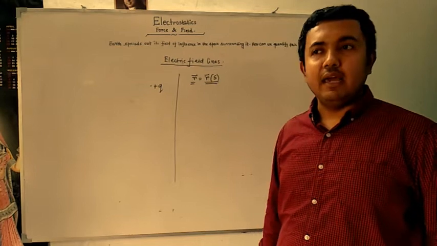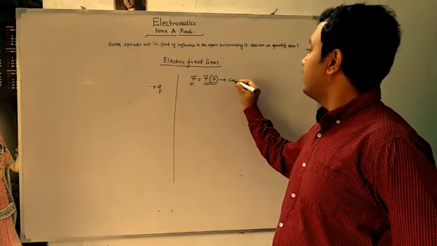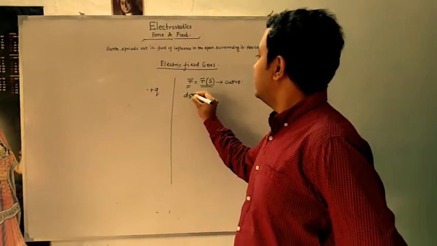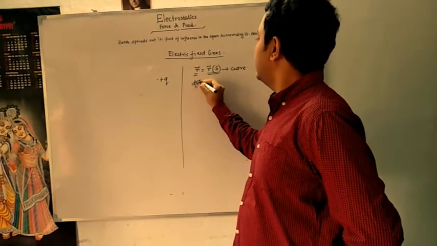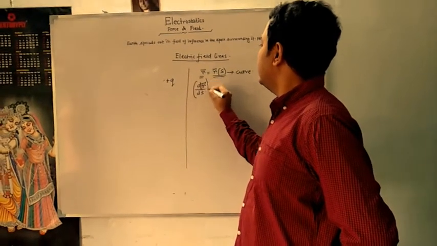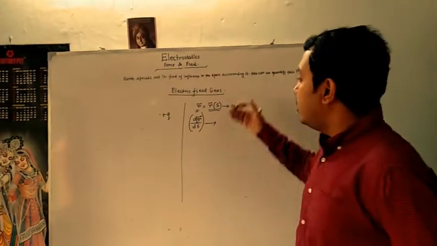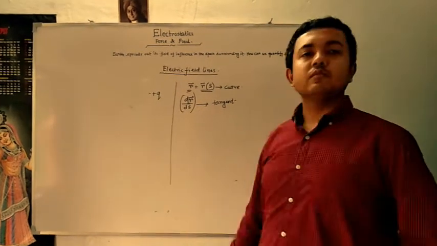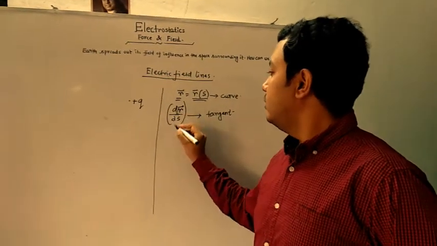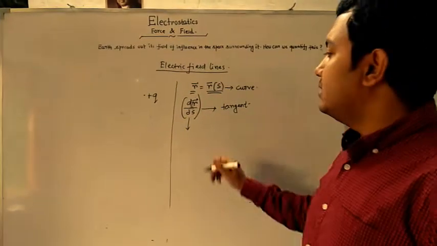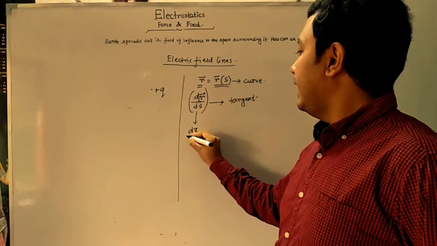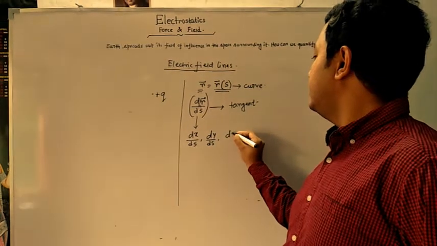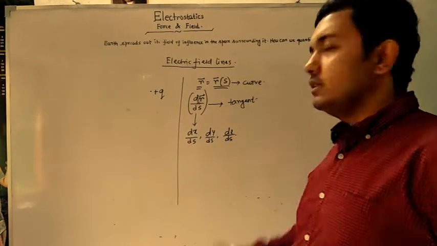R is a function of s, is a general equation of curve, and dr ds will be a tangent vector of this curve. Now we can write the components of this tangent vector as dx ds, dy ds, and dz ds.